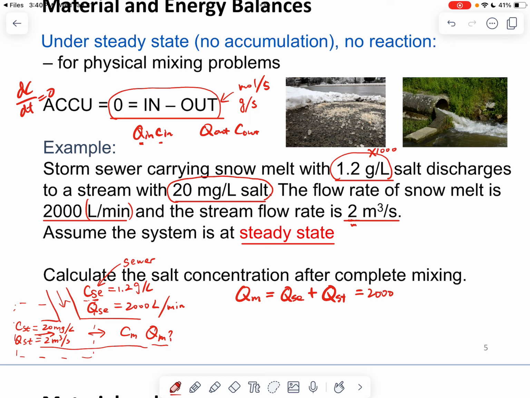And then you have 2000 liter per minute plus 2 meter cubed per second. To complete this calculation, we have to make sure that they're carrying the same units. Now if you look at all of these units, it looks like we have milligram, we have gram, we have liter, we have meter cubed, second, or minute. So let's just try to find a unified set of units.